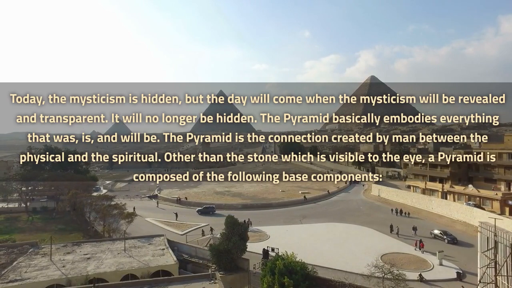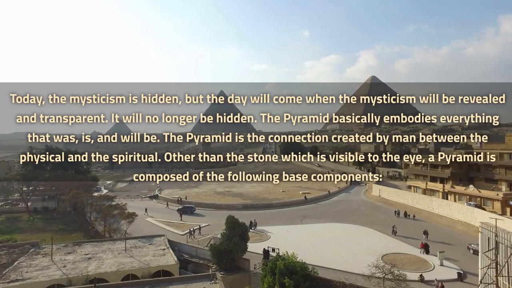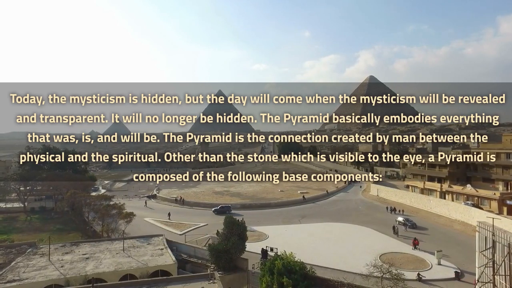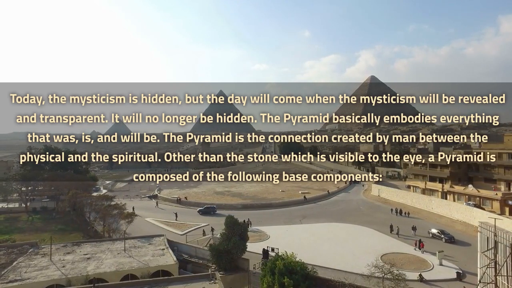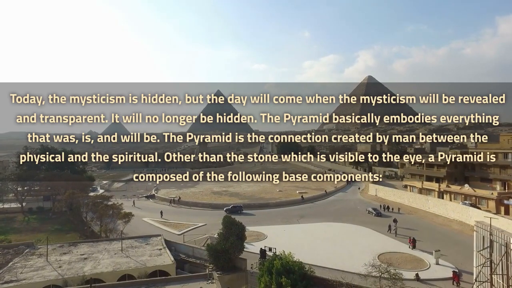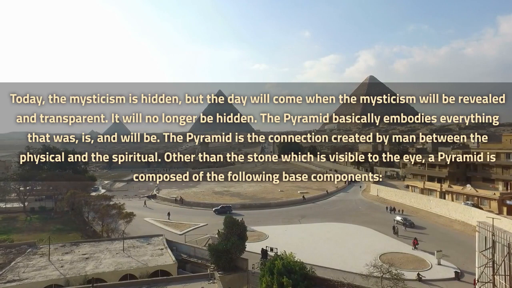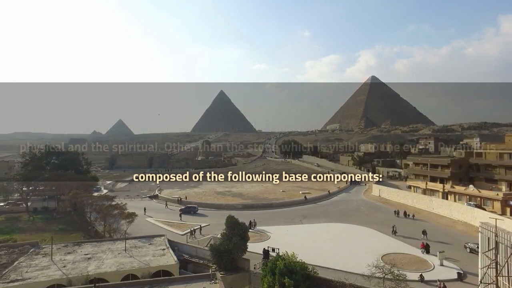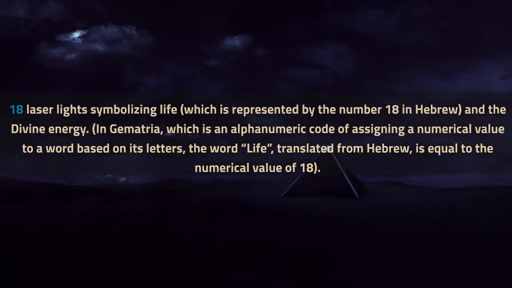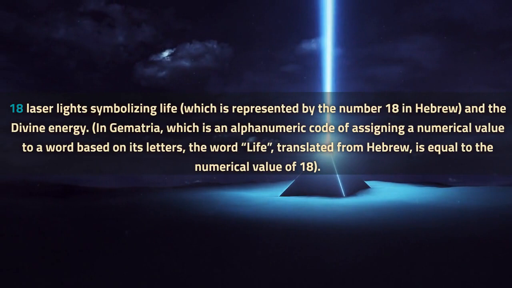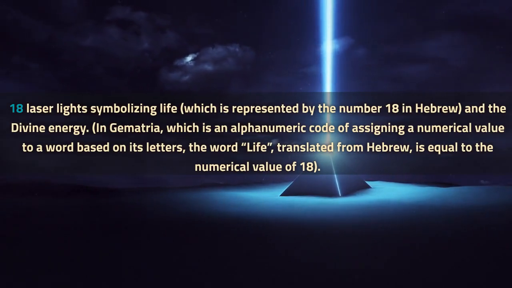The pyramid basically embodies everything that was, is, and will be. The pyramid is the connection created by man between the physical and the spiritual. Other than the stone which is visible to the eye, a pyramid is composed of the following basic components. 18 laser lights symbolizing life, which is represented by the number 18 in Hebrew, and the divine energy.